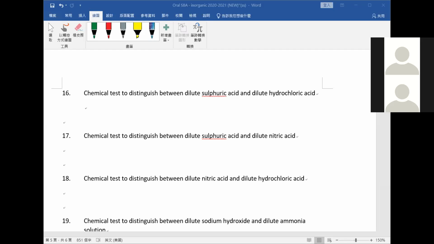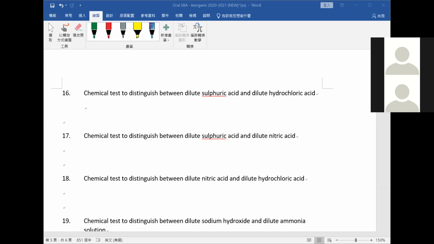And I see some other answers. Try to see if it's possible. First of all, Yujiho's work, lead nitrate and further heat. If I add lead nitrate solution to each of the samples, what will happen? Both will form white PPT. Further heat, what is the purpose of further heat?